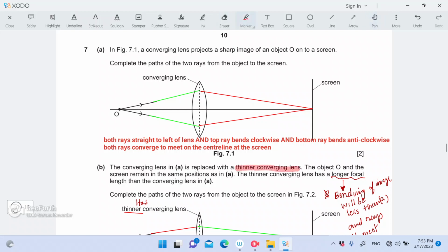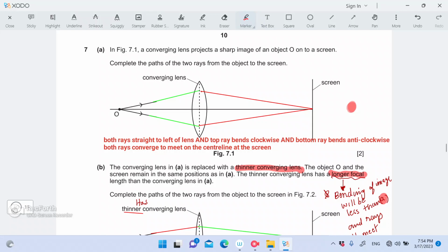The converging lens is replaced with a thinner lens. Now the object and the screen remain the same. The thinner lens has a longer focal length. When there is a longer focal length, the bending will be less, and the rays will meet somewhere here, beyond the screen.